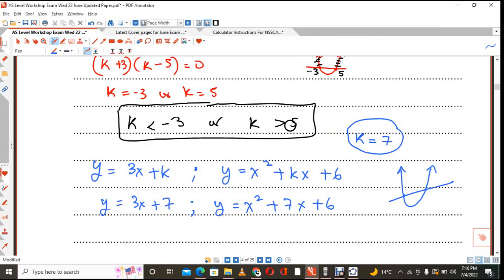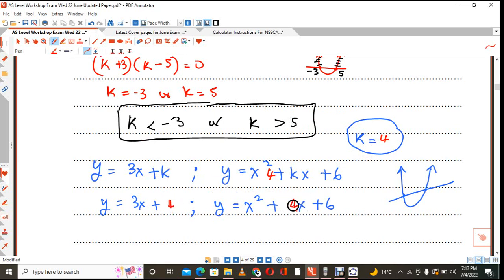If you choose a value of k that is less than 5, let's suppose I'm choosing the value of k as a number that is less than 5. So let's say we make it a 4. So let's have a 4 here, and let's have a 4 there.